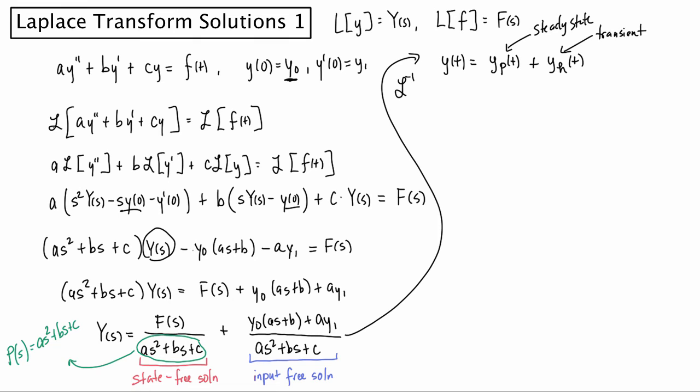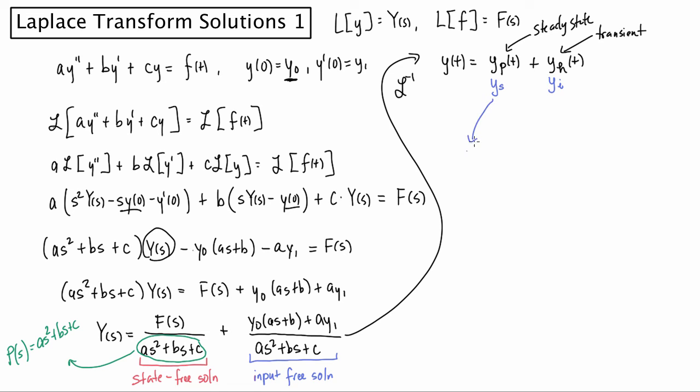The text uses y sub s for the steady state and y sub I for the transient because it's mimicking the state-free for the s and the input-free for the I. But really what's going on here is when I take the inverse transforms of each of these pieces, then I'm solving two different problems.